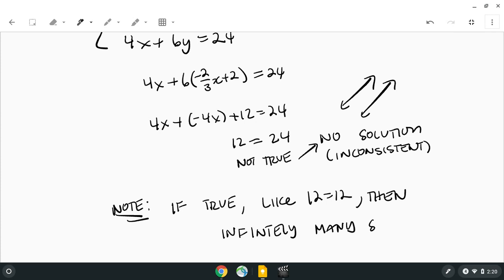So just kind of make a note of that. You have the 2 cases. So this weird situation here where your variables drop out, you end up with two numbers not equal, no solution. You end up with two numbers that are equal, infinitely many solutions. Okay? All right, so that is substitution method.